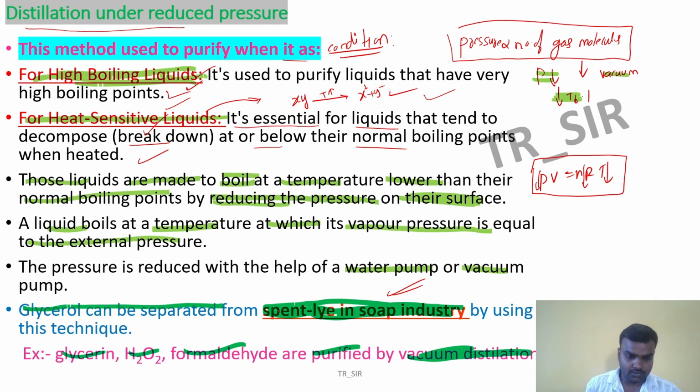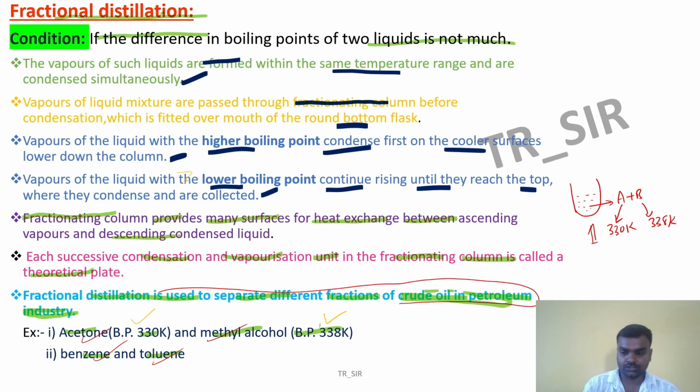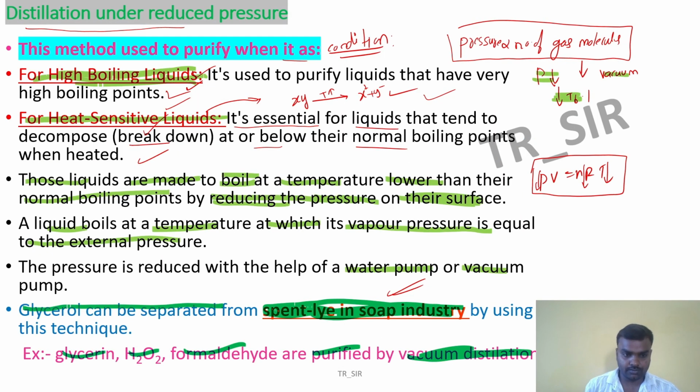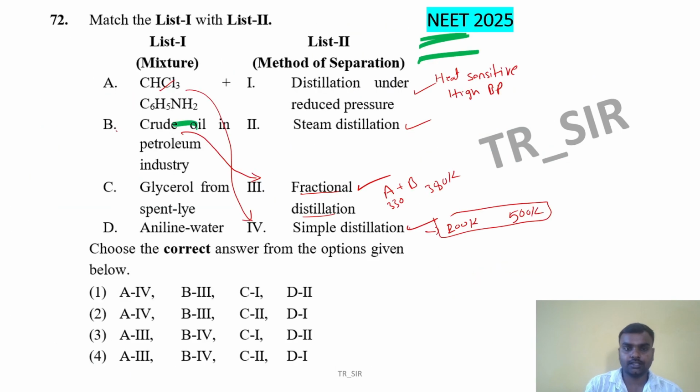Keep these examples in mind too, since questions are made on them every year: glycerol, formaldehyde. So glycerol from spent lye goes to reduced pressure. The last one, aniline water, goes to steam distillation.